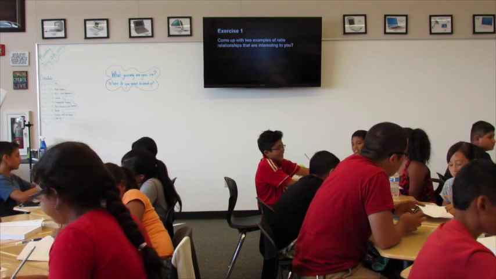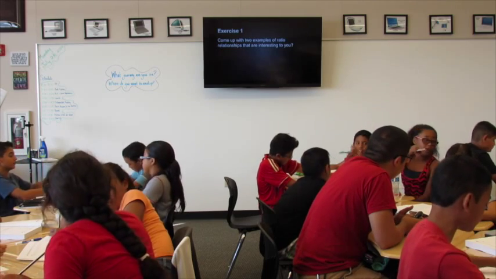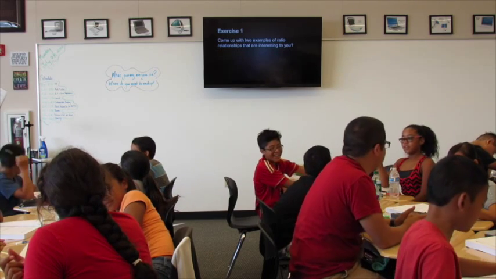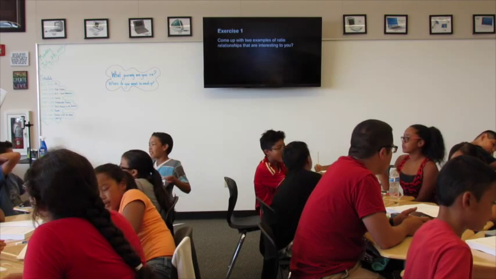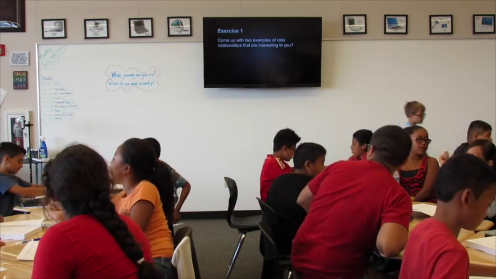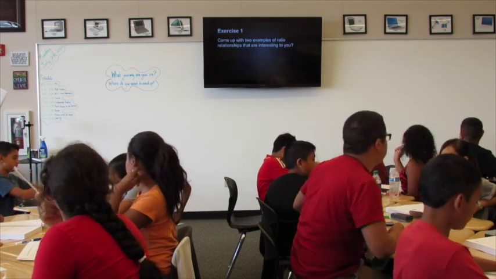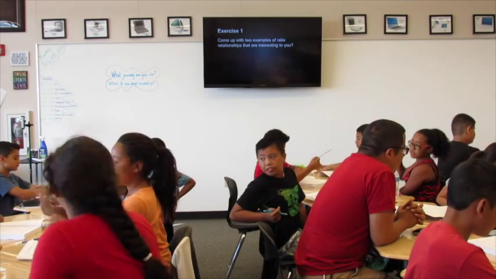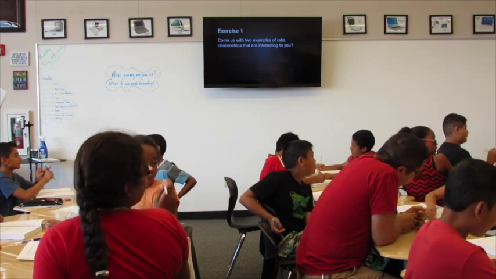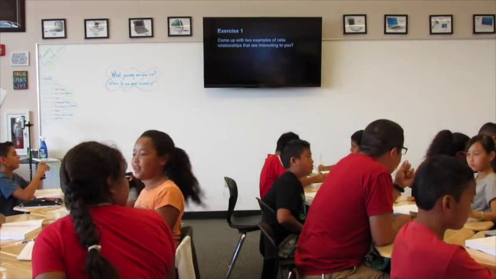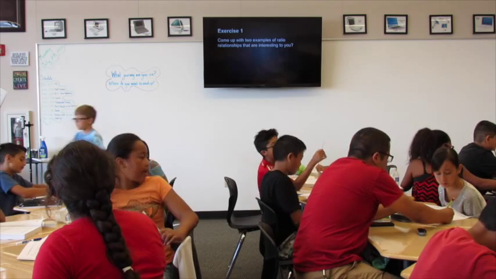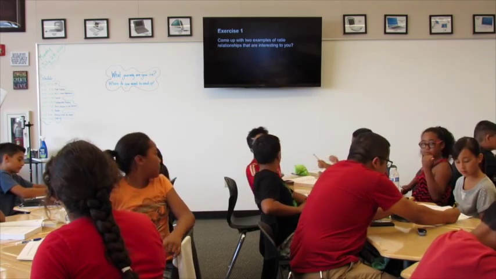Share your examples. Okay, what ratio would you have? What kind of numbers? What would the numbers be? How many freshmen and freshmen? So do they just use a colon?